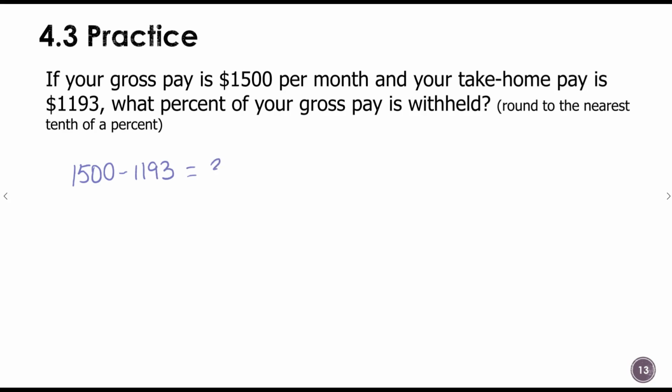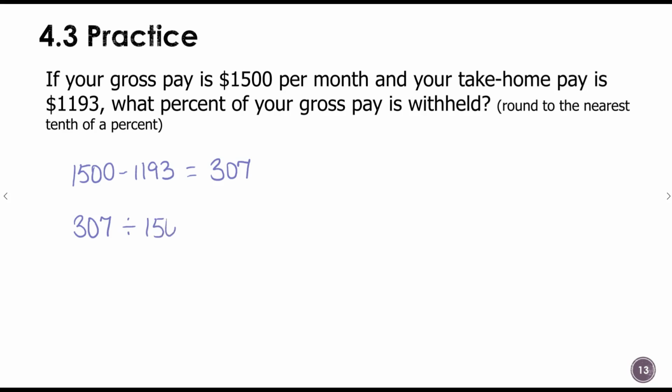So we subtract and get 307. And then we're going to take 307 and divide it by your gross pay amount, which is $1,500. So this really is just about a percent, right, of decrease. How much did your take-home pay decrease from your gross pay, basically? What percent was that?